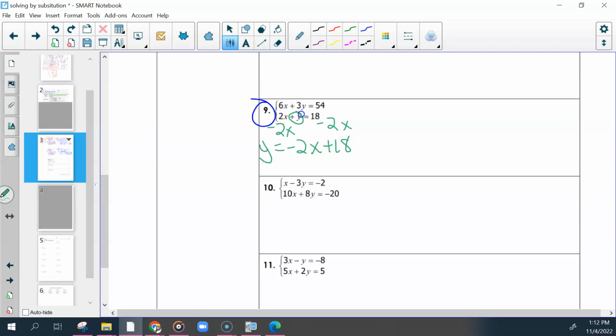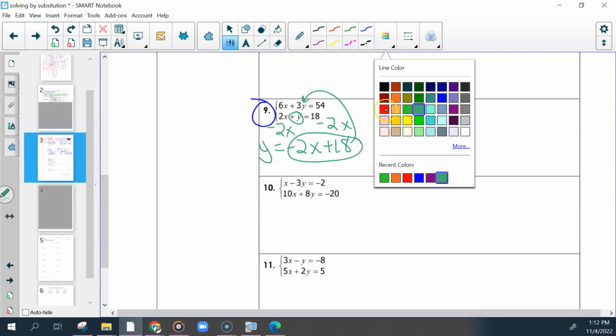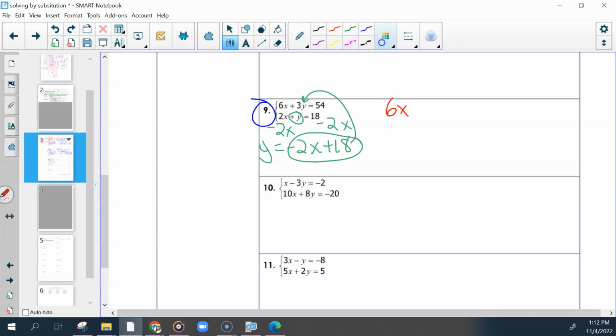Take that equation, put it into y for the other one. So 6x plus 3 times -2x plus 18 equals 54. And then start to solve.